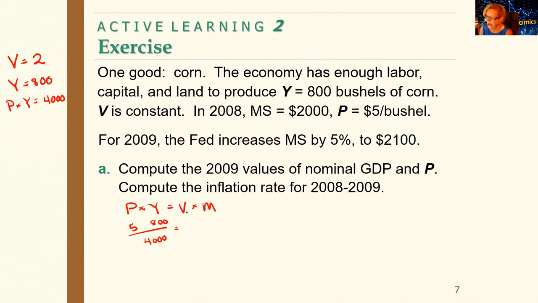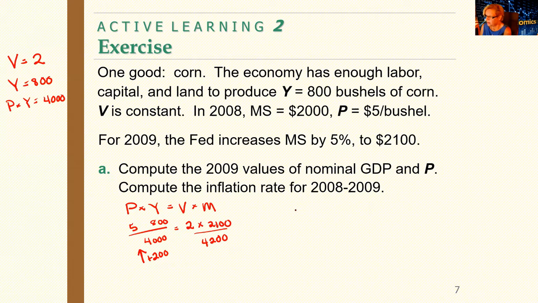If we hold velocity constant, then we have 2 times 2,100, which must be equal to 4,200. Now, 4,000 does not equal 4,200, so this side has to go up $200 to make it balance. If it goes up $200, then it must be prices that have increased in this case.